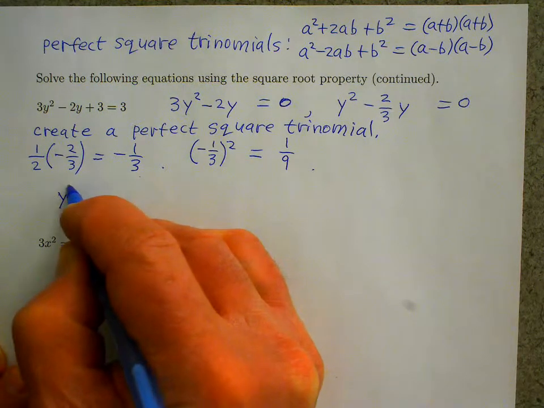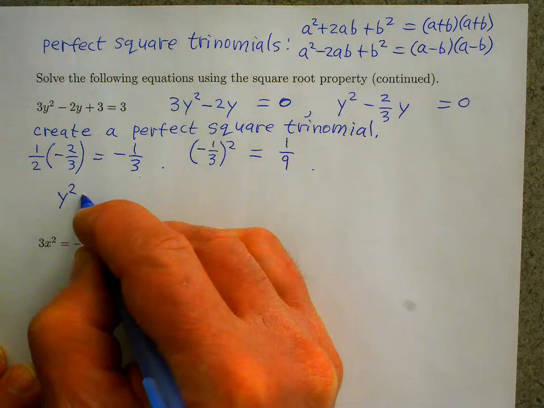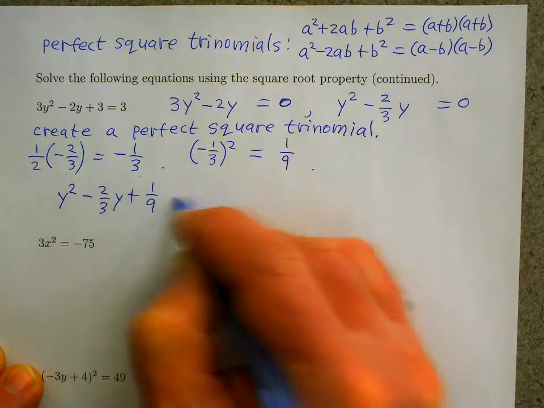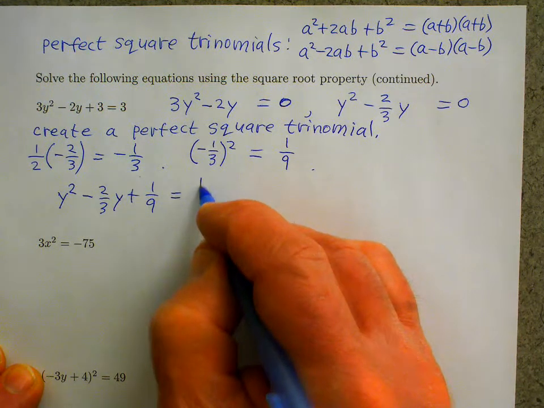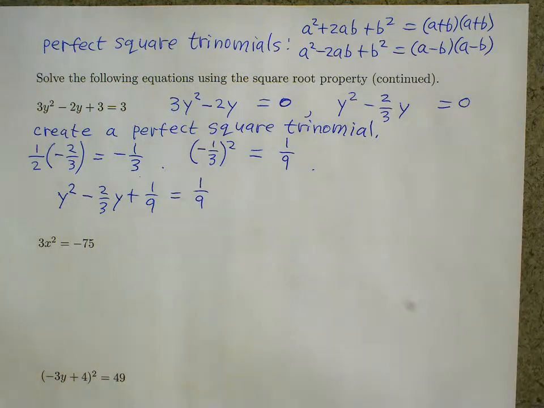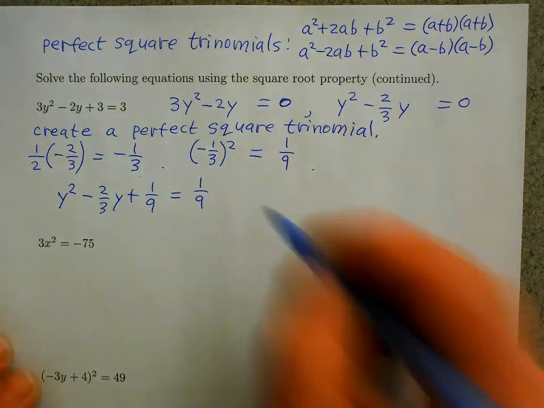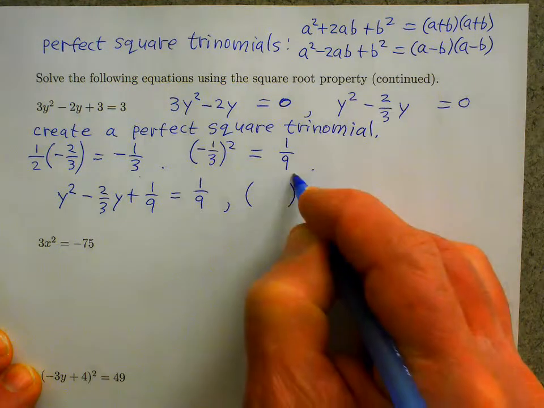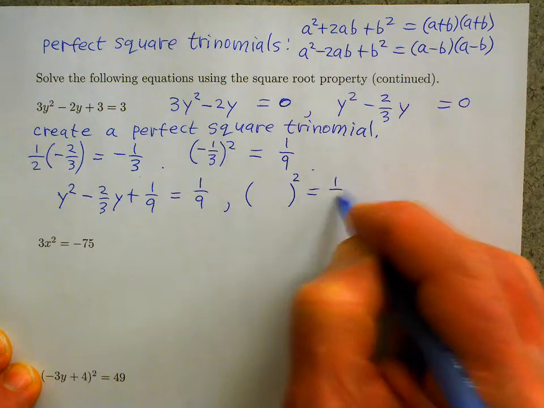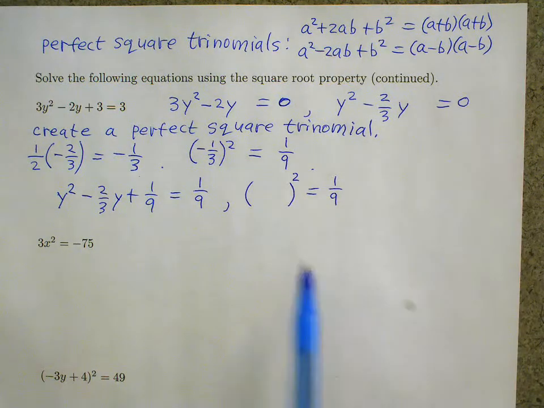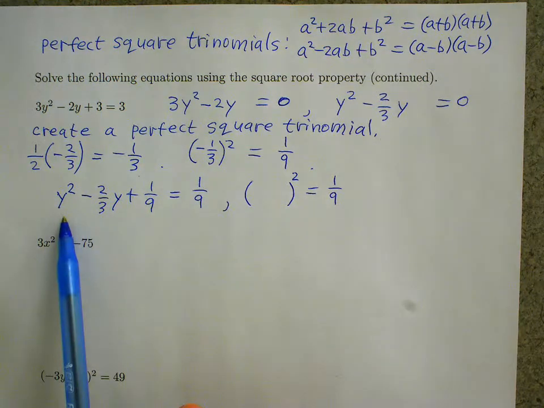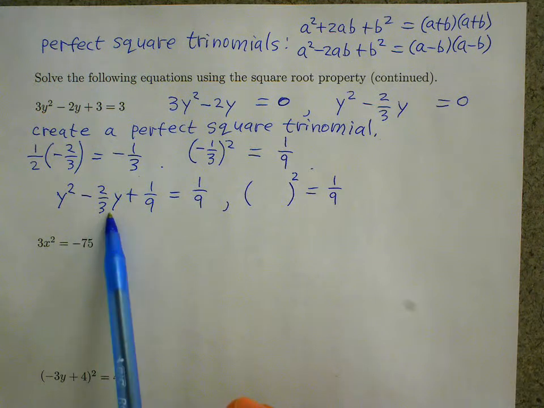So add 1/9 to both sides, so we get y squared minus 2/3 y plus 1/9 equals 0 plus 1/9, or 1/9. The left-hand side is a perfect square trinomial. So that means it can be written as a binomial squared. So what binomial would we have to square in order to get y to the second minus 2/3 y plus 1/9?